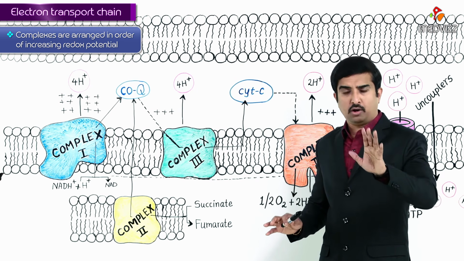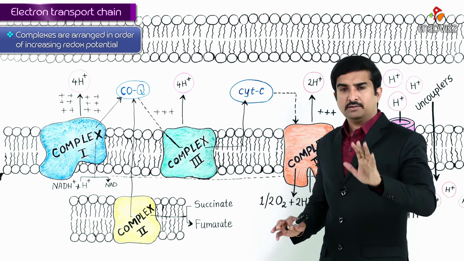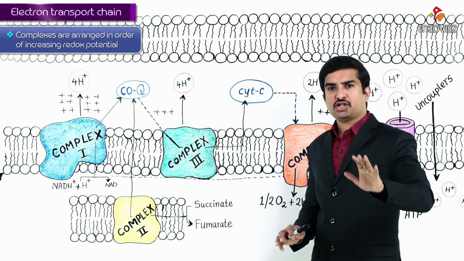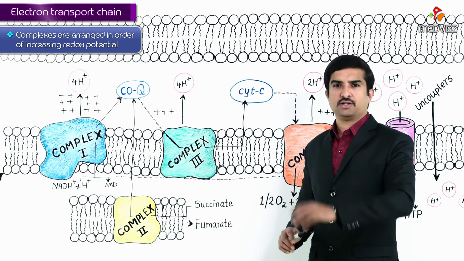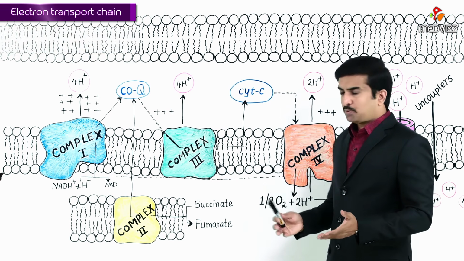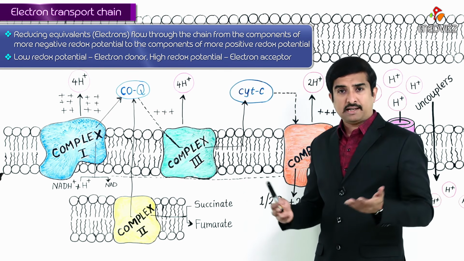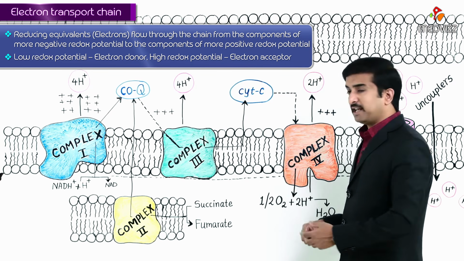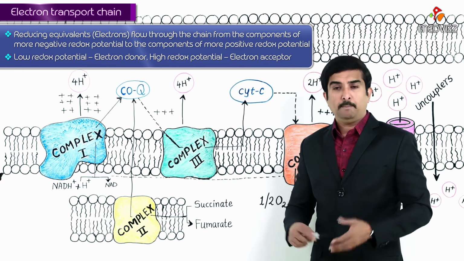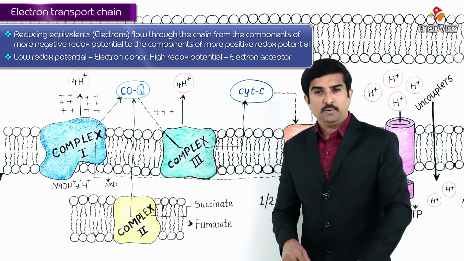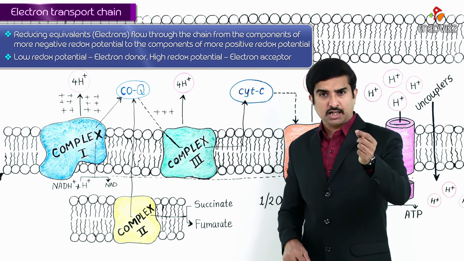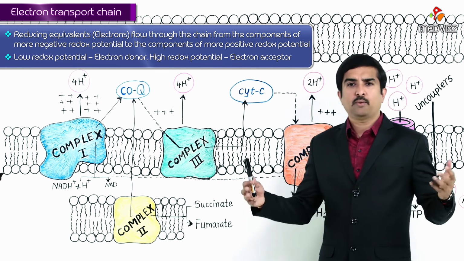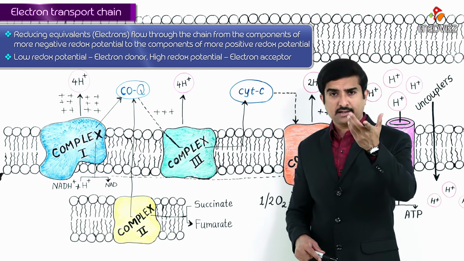That's the reason one important point you need to remember here is that these electrons always flow from negative redox potential to positive redox potential. So that's why these reducing equivalents called electrons flow in only one direction, that is from complex 1 to complex 4, because the redox couple with the low redox potential is considered to be the better electron donor, whereas the one with high redox potential is the electron acceptor.